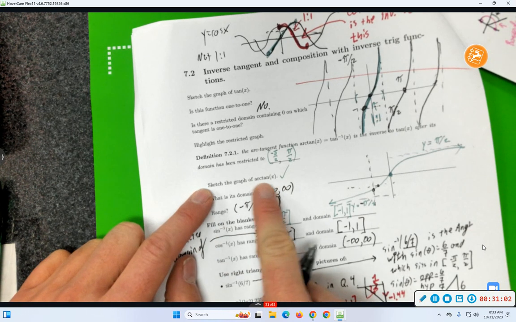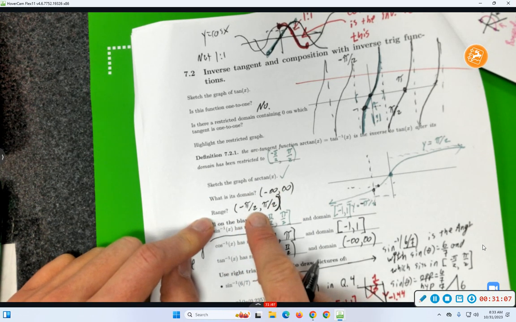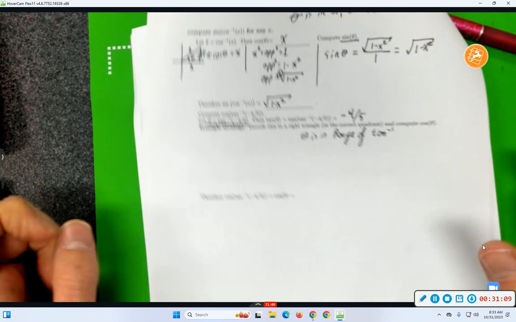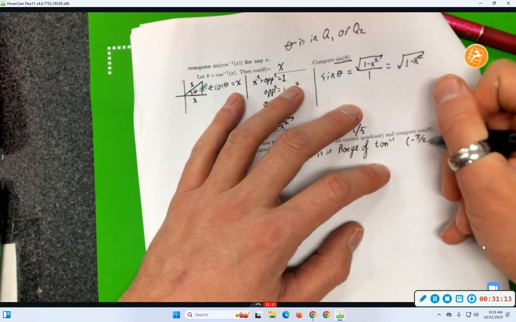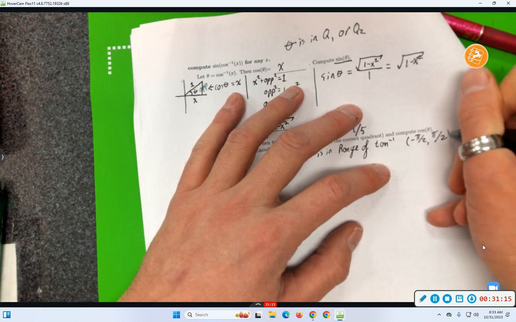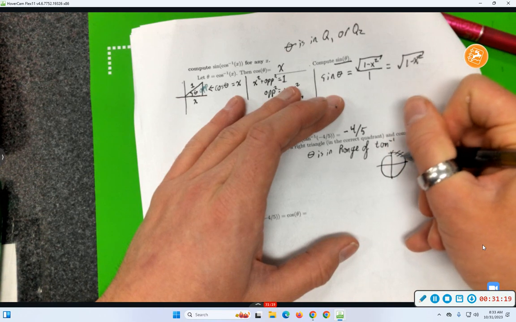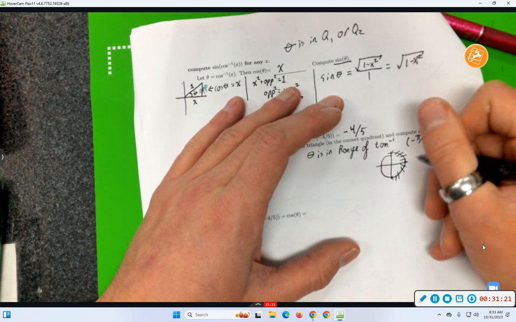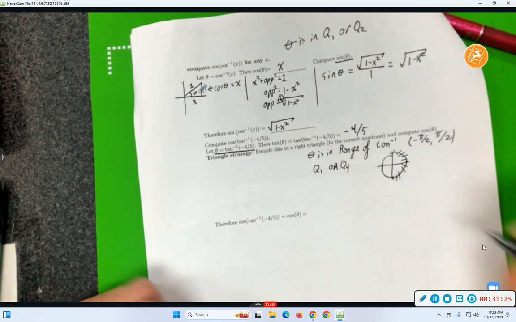The inverse tangent, its domain is negative infinity to infinity. Its range is negative pi over 2 to pi over 2. So in terms of angles, that's like that much. That's quadrant 1 or quadrant 4.